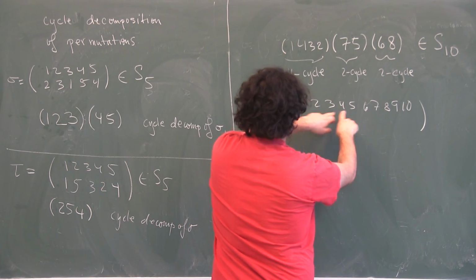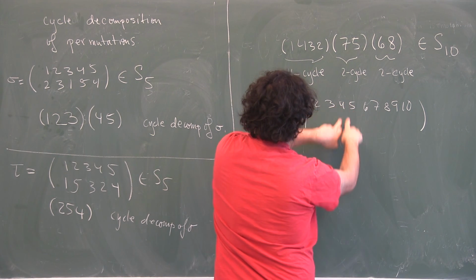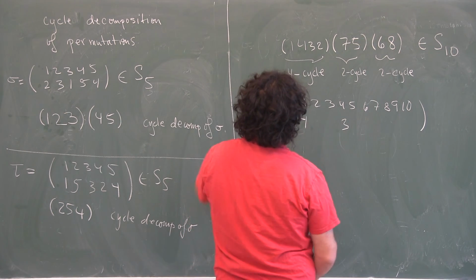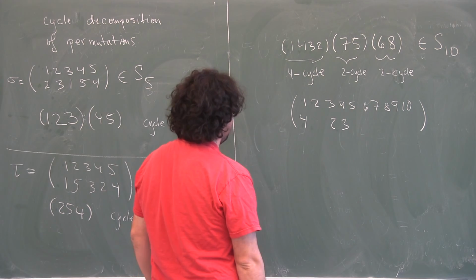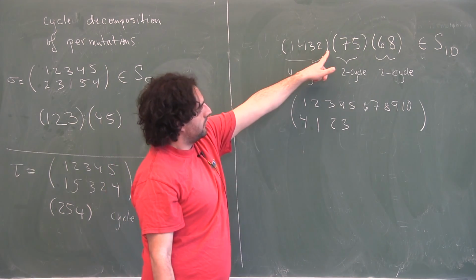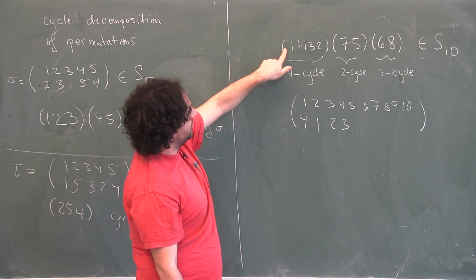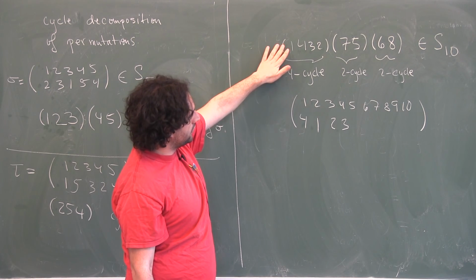So I have to make sure not to write 2 goes to 3, but 4 maps to 3. Then 3 maps to 2. And then 2 maps to 1. That's because the parentheses is closed. It means return to the start. So I'm done now with this 4 cycle.